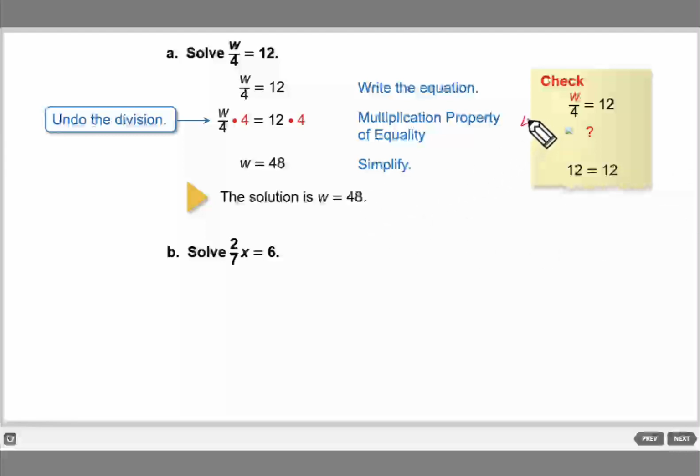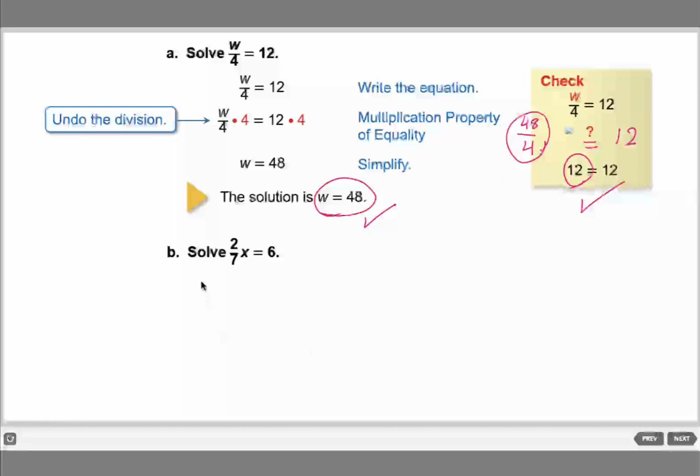It's 48 divided by 4. Is it equal to 12? This is the question. So 48 divided by 4 equals 12 already. So yes, it's equal. So W equals 48 is the correct answer. The 48 is a solution, yes.